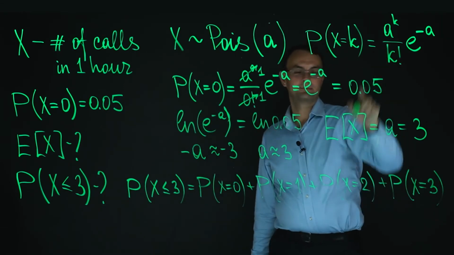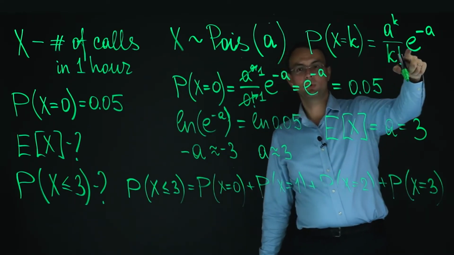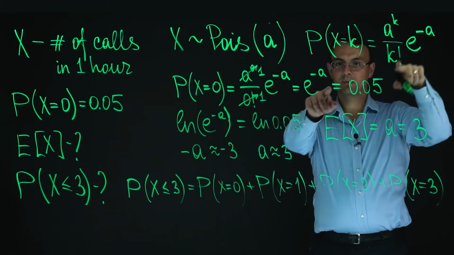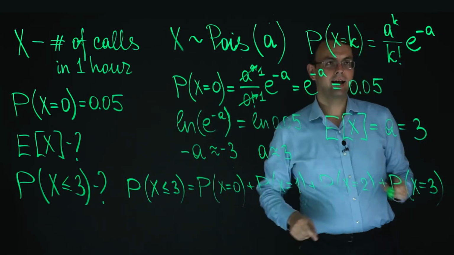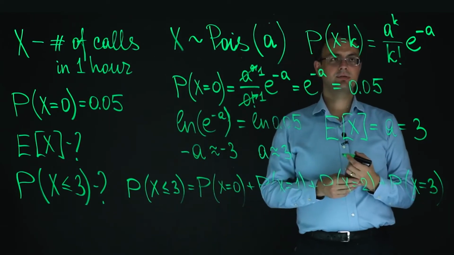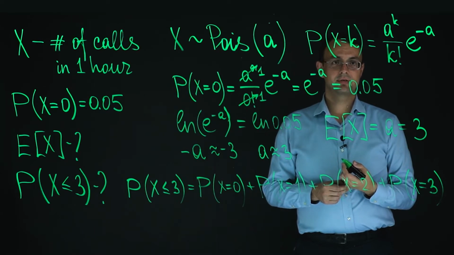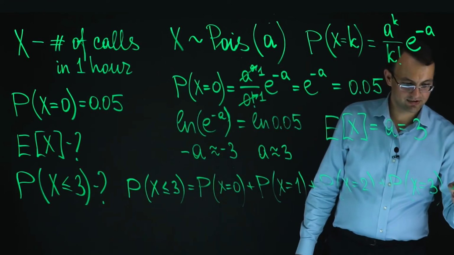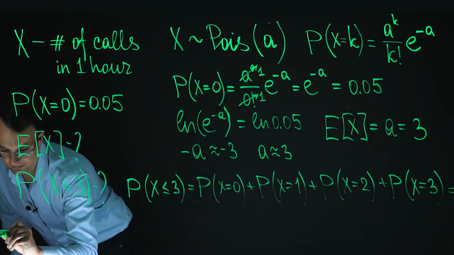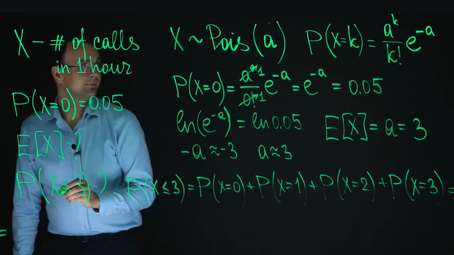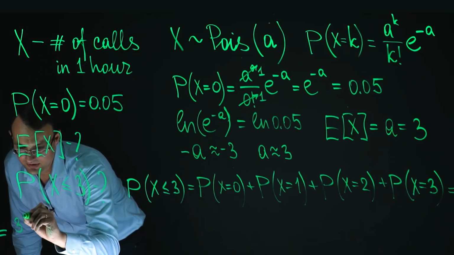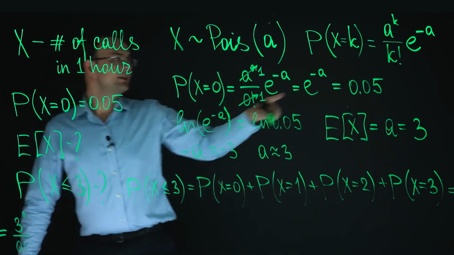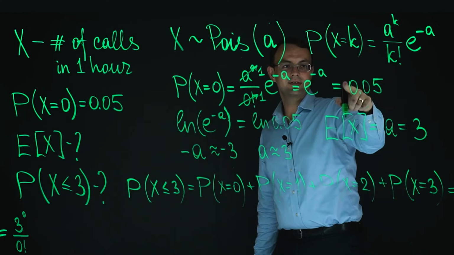So we know a is 3. We know e to the power minus a, that is 0.05. And so we are to substitute different values for k: 0, 1, 2, and 3. So let's do this. 3 power 0 divided by 0 factorial times e to the power of minus a, which is 0.05.